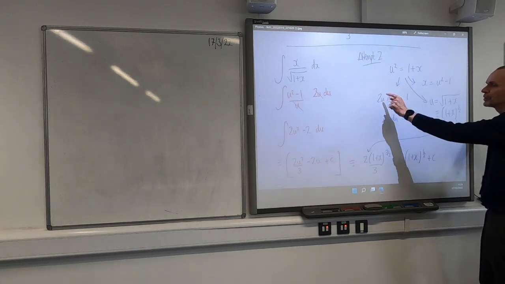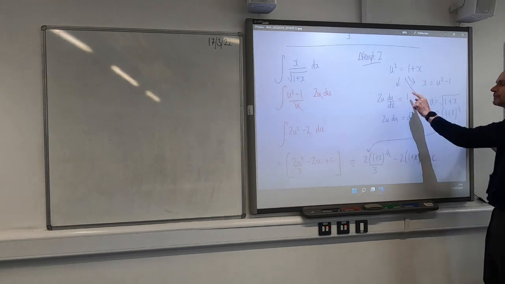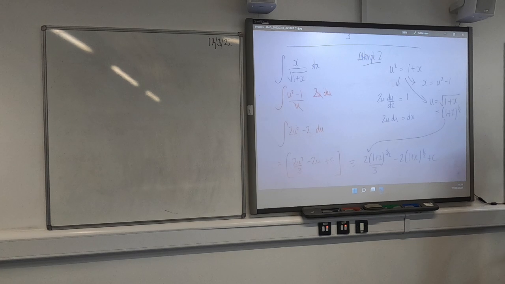So this becomes 2u du by dx. That just becomes 1. So that's my replacement for dx. I can rewrite it to say x equals. And also I found later on, towards the end, I needed to rewrite it to say u equals. So there were 3 things I did on my little rough notes there.